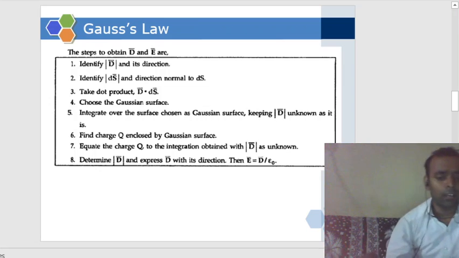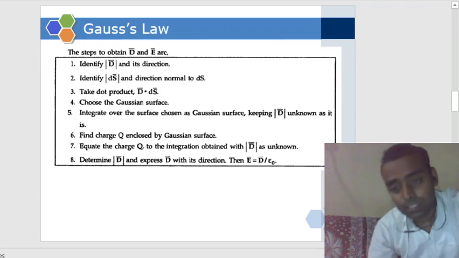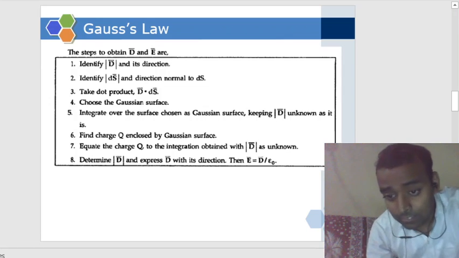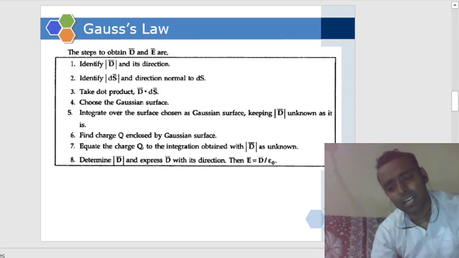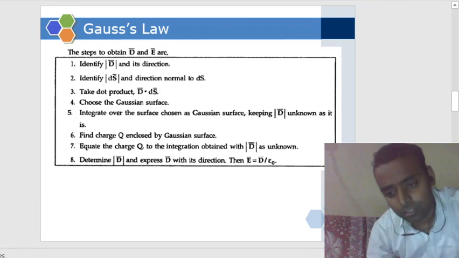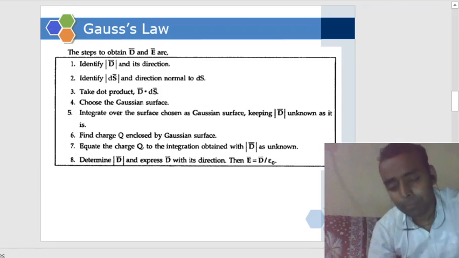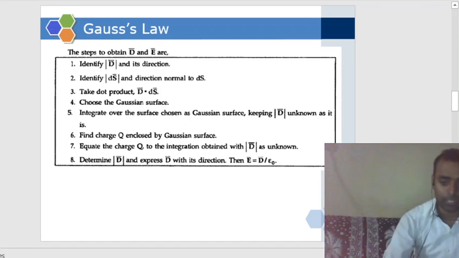Then you'll get D, and if you have D, you can divide it by epsilon. In most cases the charge distribution is considered to be in free space or air, so epsilon becomes epsilon naught. Then from this you can get E, the electric field intensity.